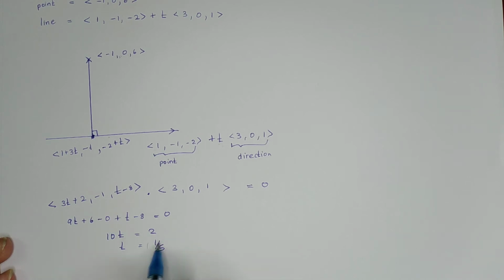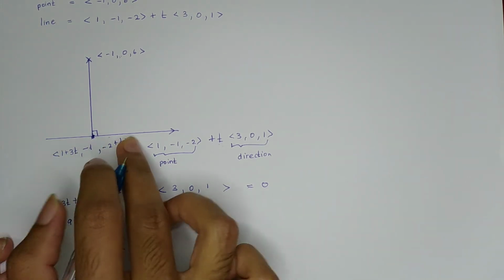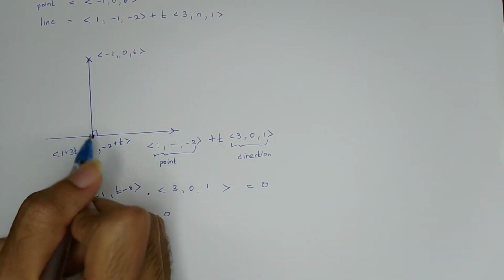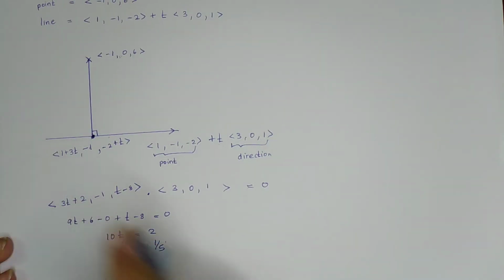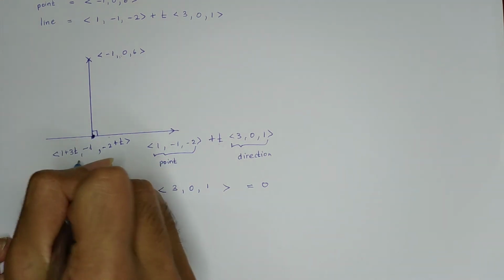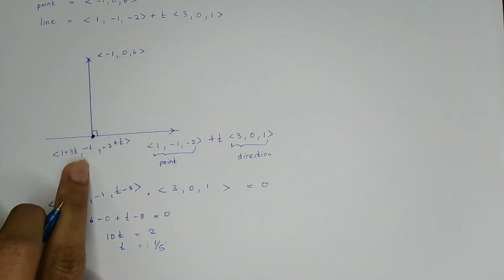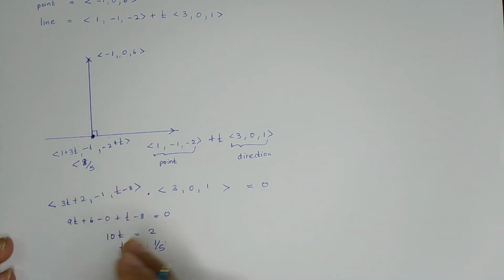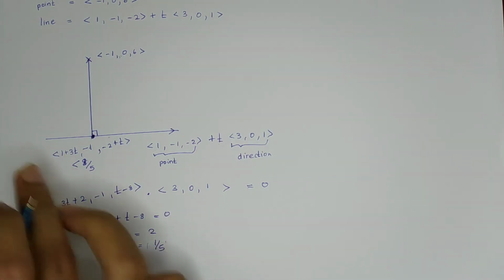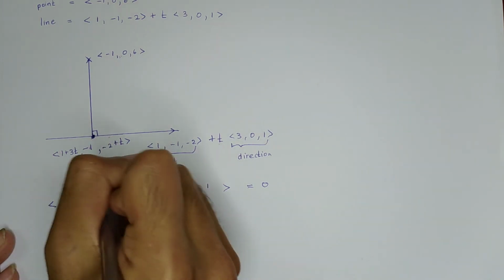If I substitute 1 by 5 over here, I will be getting the point coordinates of this point. If I substitute this, I'll be getting 1 plus 3 by 5. I can directly put it like 8 by 5. So 3 by 5 plus 1 is going to be 8 by 5 here, minus 1.